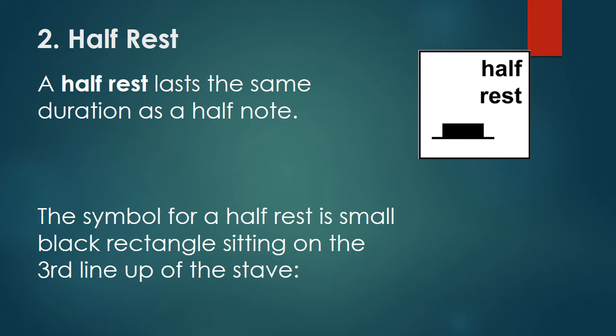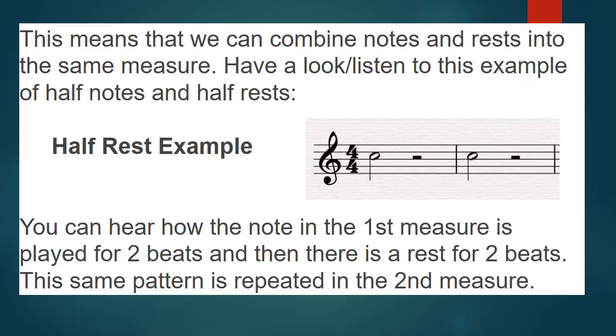The second type of rest is half rest. A half rest lasts the same duration as a half note. The symbol for a half rest is a small black rectangle sitting on the 3rd line up of the stave, just like the picture. Since the time signature is 4/4, this means that we can combine notes and rest into the same measure.